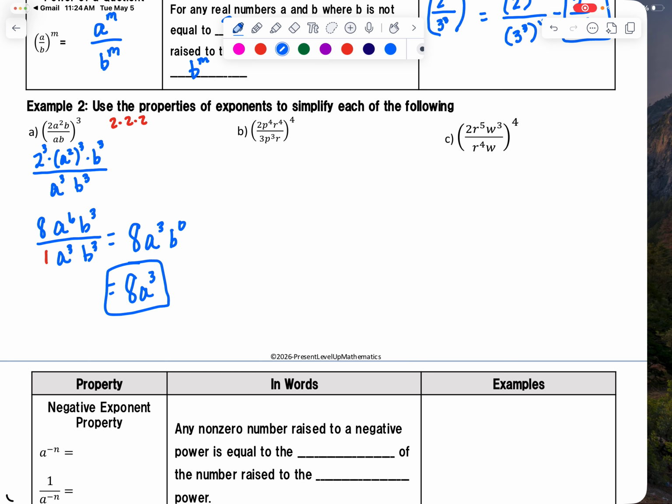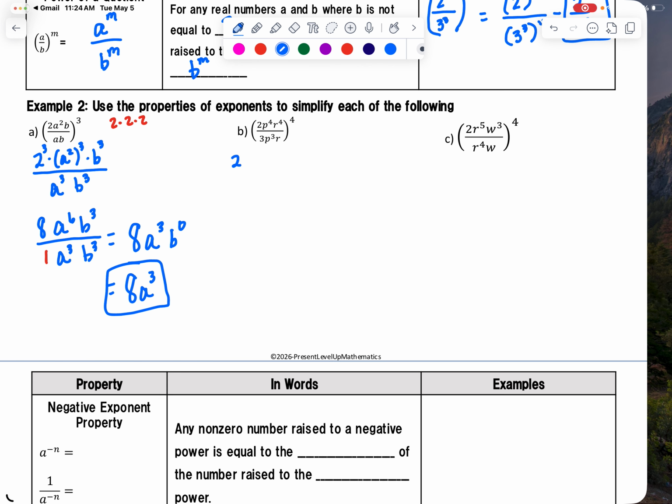All right, problem B. 2p to the 4th power r to the 4th power over 3p to the 3rd power r. All of that is raised to the 4 power. So I'm going to take everything in the numerator and raise it to the 4 power. Then I'll take everything in the denominator and raise it to the 4 power. So let's start with the numerator.